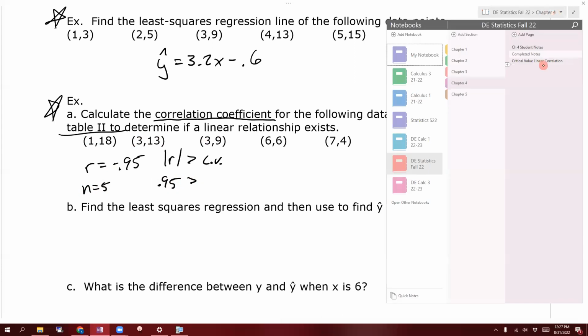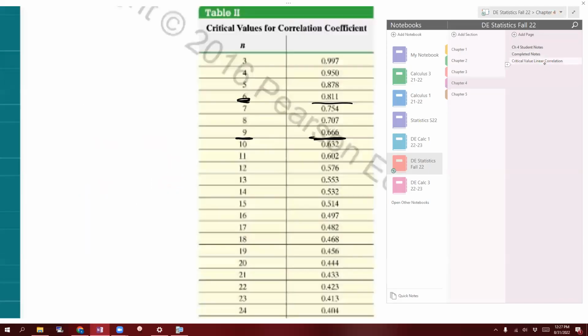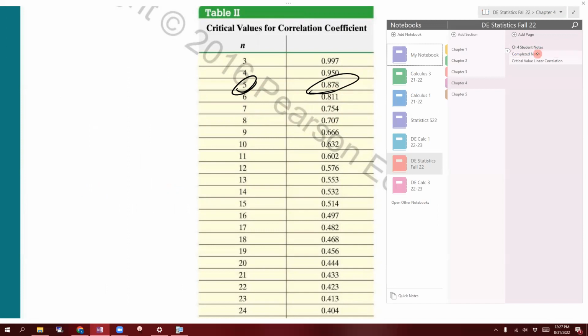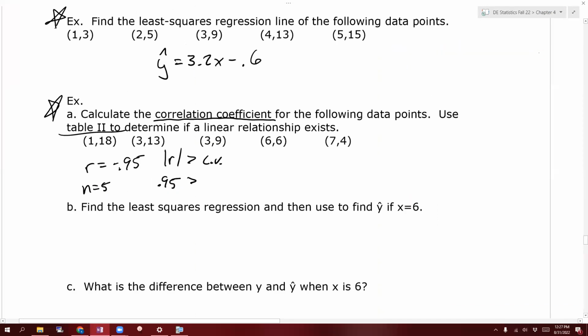Then I can go into my table and see, if I have a sample size of 5, then my critical value is 0.878. So yes, based on my R value, there does exist a linear relationship.